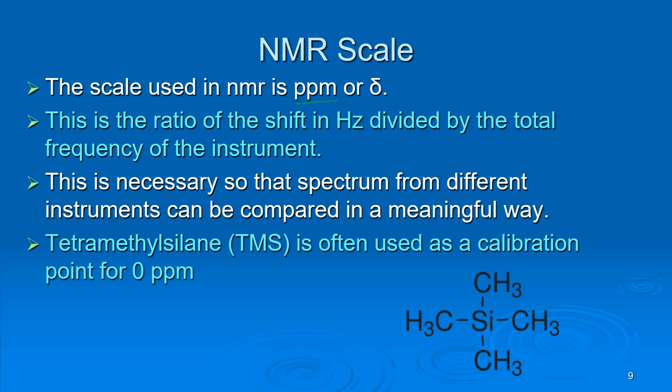And this is not super important, but it is the ratio of the shift in hertz divided by the total frequency of the instrument. In that way, you can compare different instruments if they have different magnetic fields. Since you divide by it, you kind of even it out, and so whatever instrument you use, you should have the same parts per million for whatever compound you're scanning. So that's why they do that.